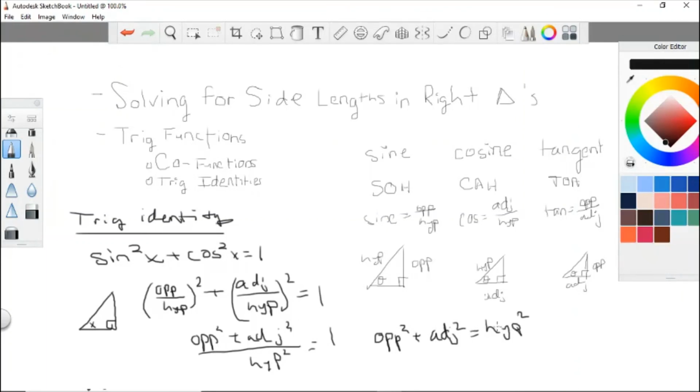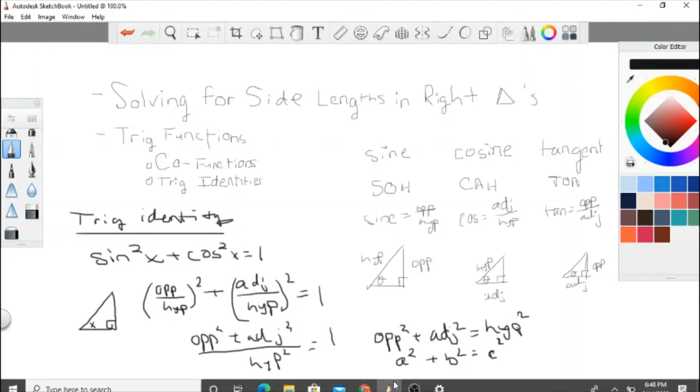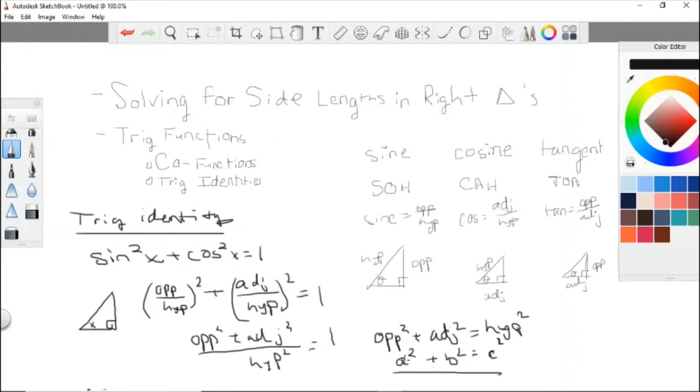Wait up. This is exactly the same theorem we learned. We just have to replace opposite, adjacent, and hypotenuse with letters. Opposite and adjacent are legs, so that would be a squared plus b squared, and hypotenuse is seen as c in the Pythagorean theorem. So this is a proof of why this trig identity works.